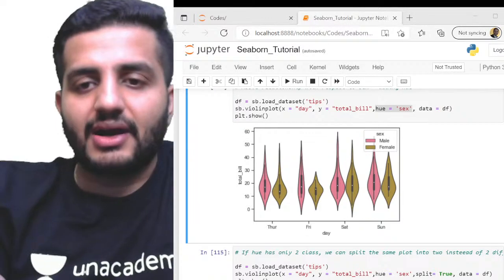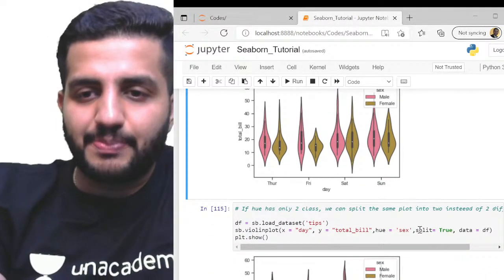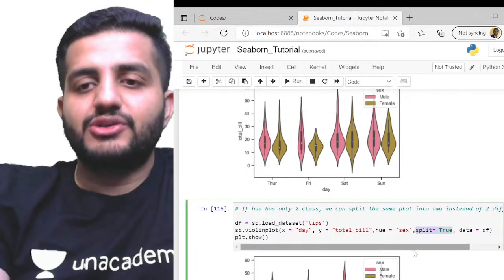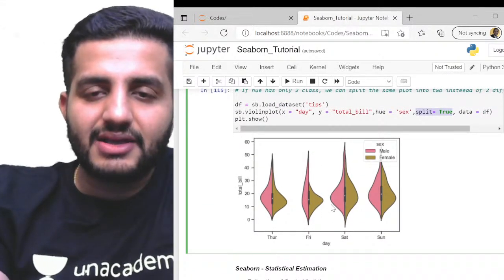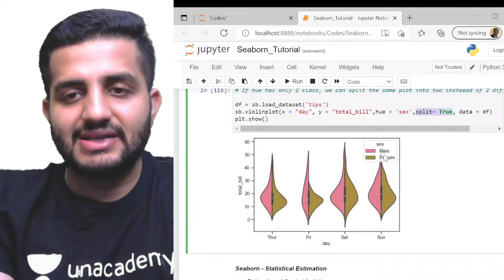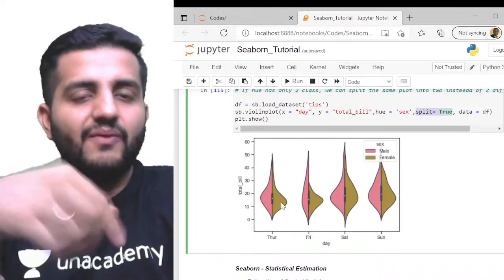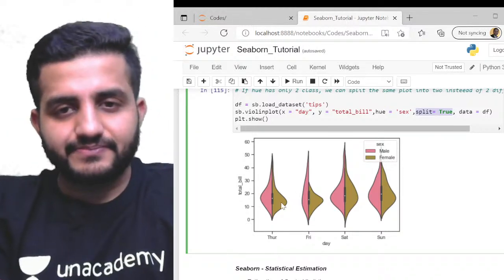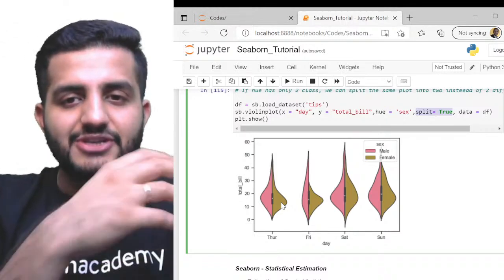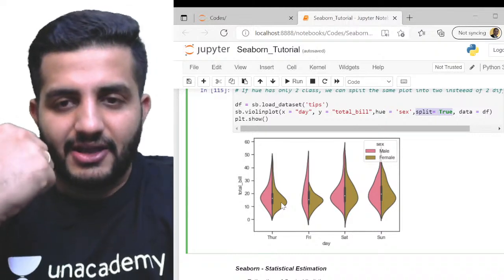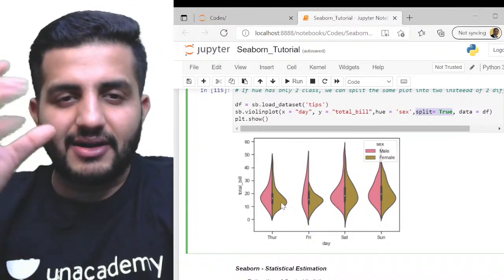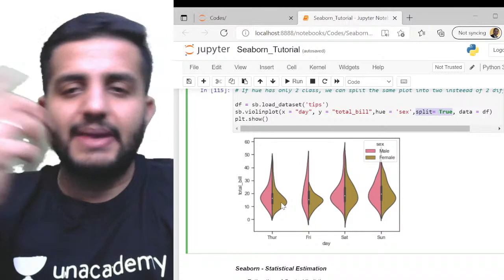I have another option available, which is split. Okay. If I do split equal to true, what it does is it will basically combine these two different classes, male and female, into a single violin plot. And it makes it more readable, I would say. This graph gives you more comparative analysis between your males and females.